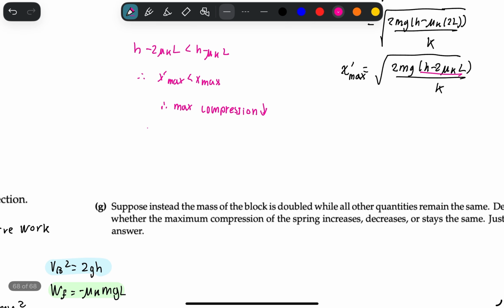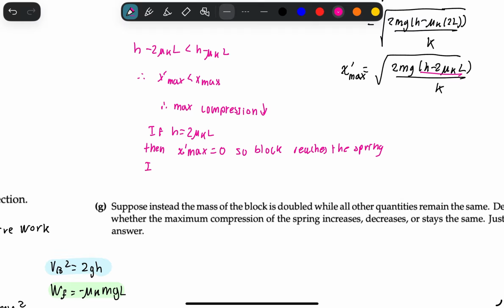So that means that if you have h equal to 2 mu k times L, then you have an x prime max that is equal to 0, so the block just reaches the spring.